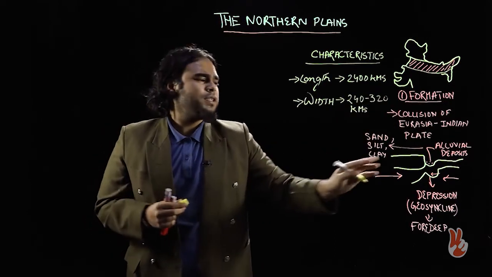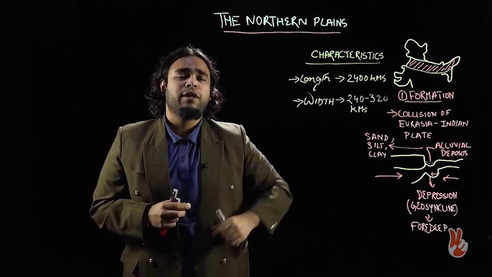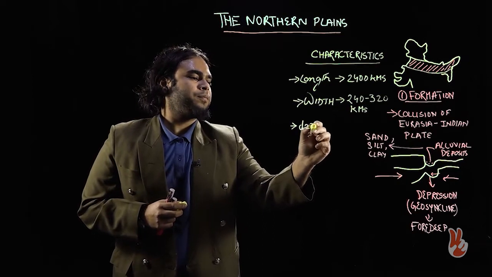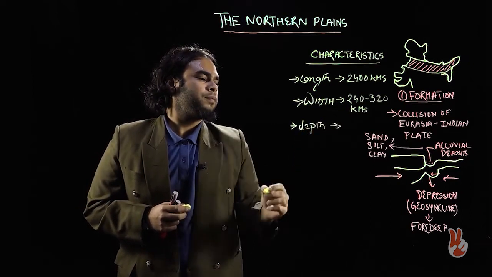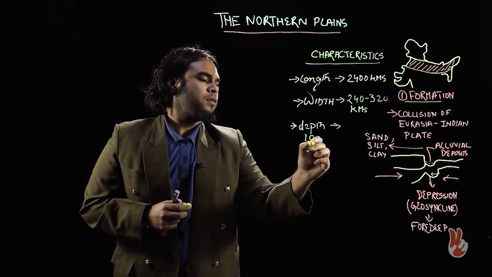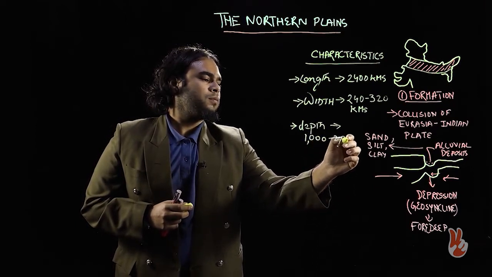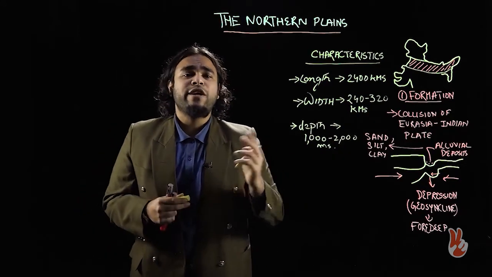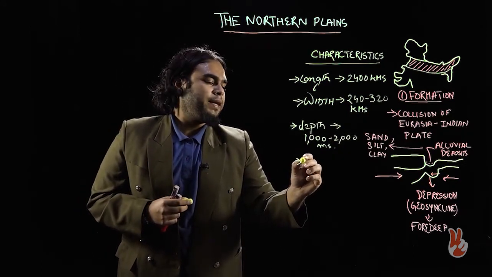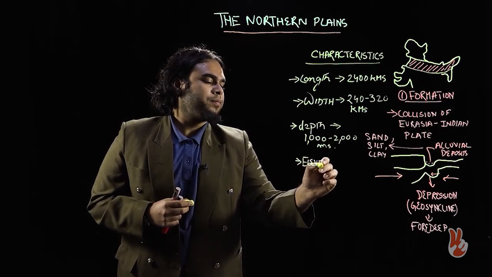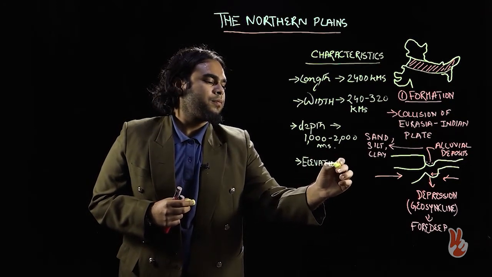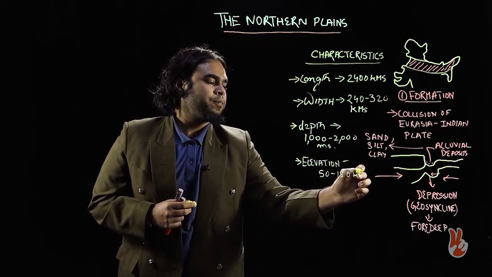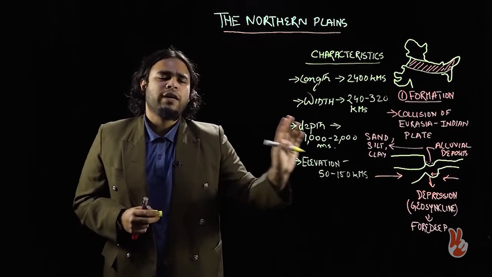And the alluvial deposits that I was talking about, which have been deposited by the river system, have a total depth of 1000 to 2000 meters. Okay, and the general elevation of the northern plains is 50 to 150 kilometers. Okay, so this is all about your characteristics.